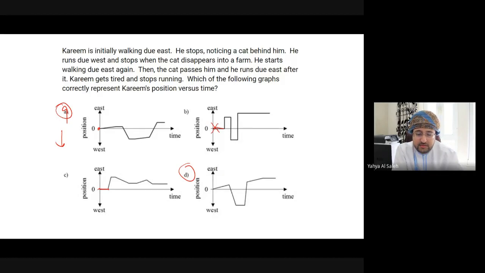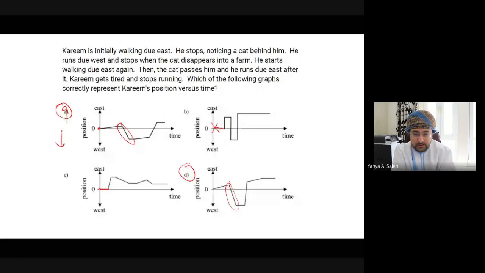Then the cat passes him and he runs due east after it. So if we say run, does he go west at all? Oh, wait. He runs due west. He runs west. He starts walking due east again. Ah, wait.